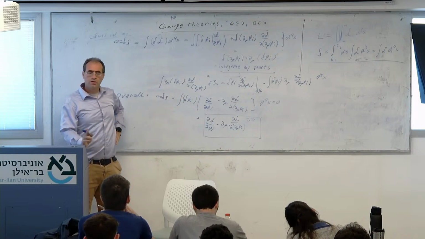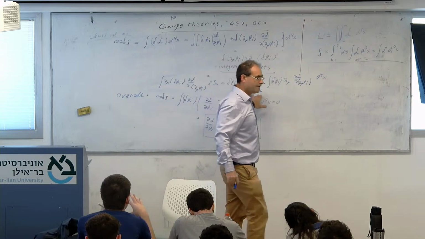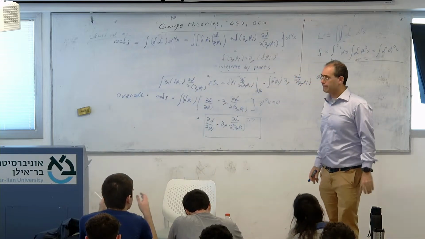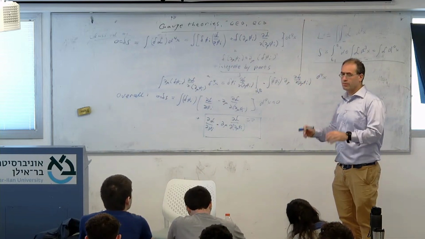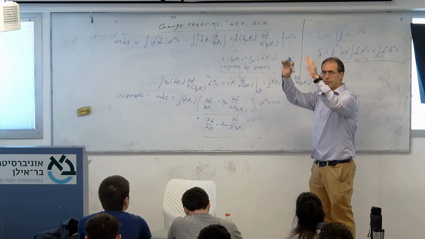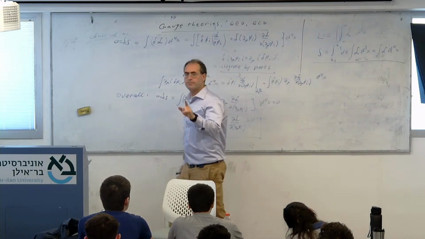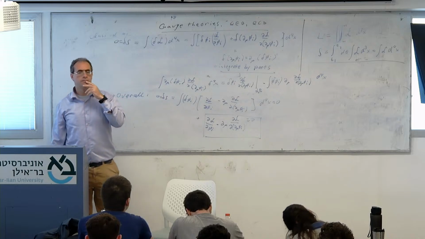When you say d omega, you mean a surface integral? Yes, omega is normally the standard term for the differential of a volume. Why does the integral over all space vanish?